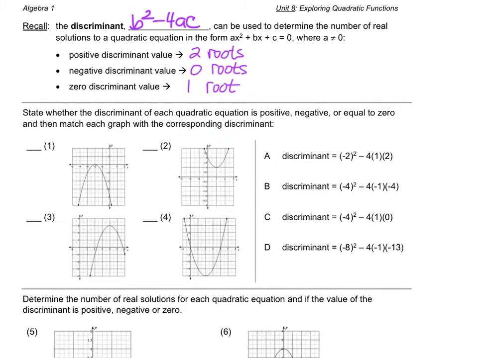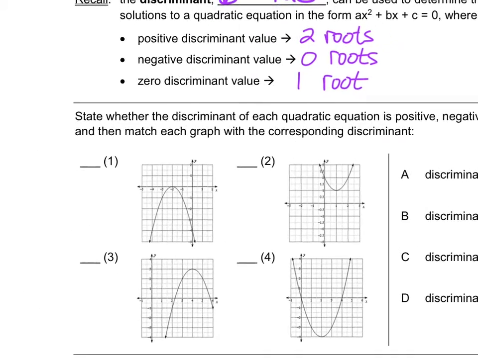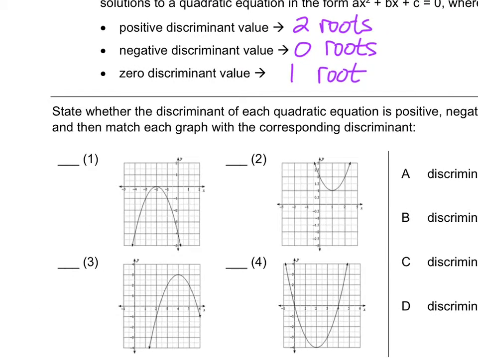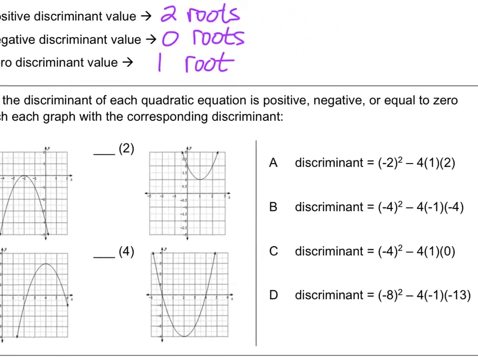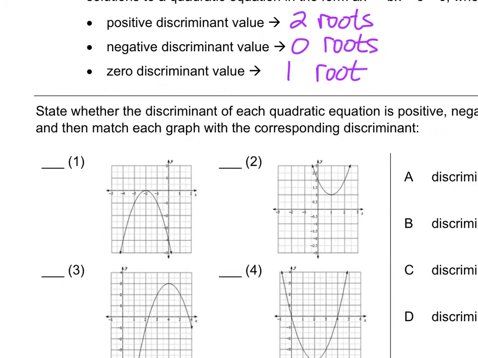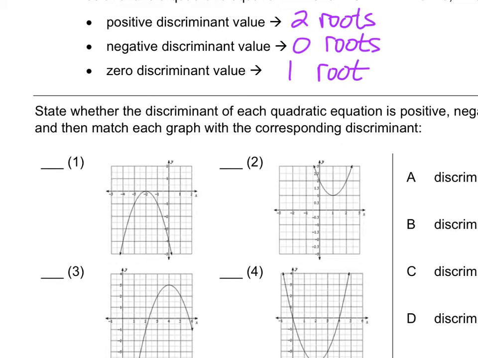All right, so next little section, state whether the discriminant of each quadratic equation is positive, negative, or equal to 0. Then match the graph with the corresponding discriminant. All right, so taking a look at number 1, we'll worry about matching it in a second, but we're going to state whether the discriminant is positive, negative, or equal to 0.